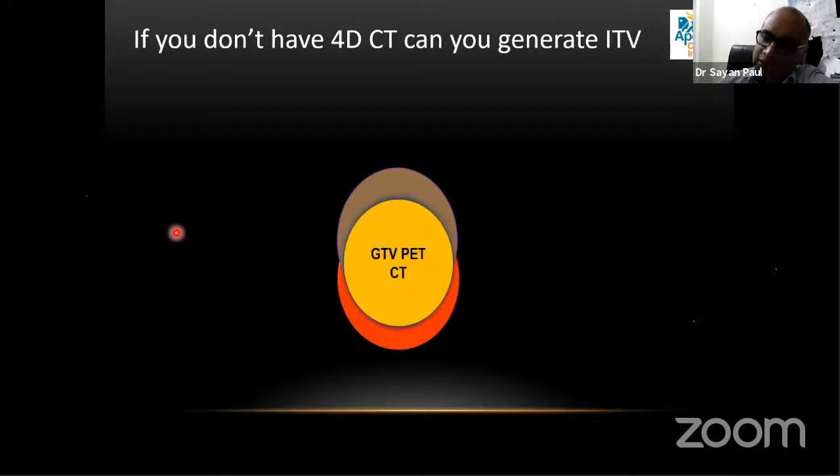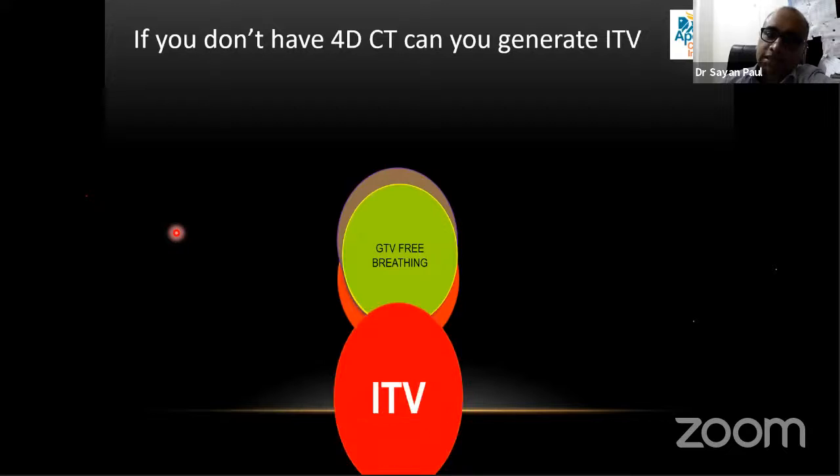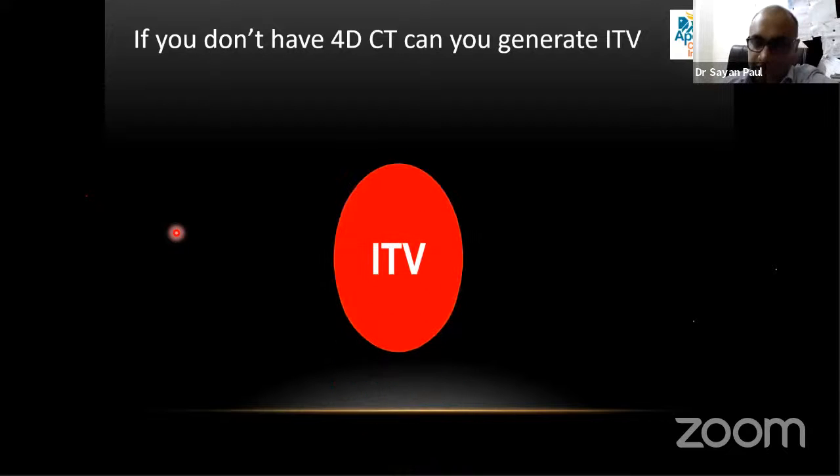You can add PET CT data also, because PET CT acquisition is also slow. Then you take a free-breathing scan and draw the GTV. Combine all the GTVs, and that makes your ITV, because deep inspiration and deep expiration give the maximum movement a tumor can have.